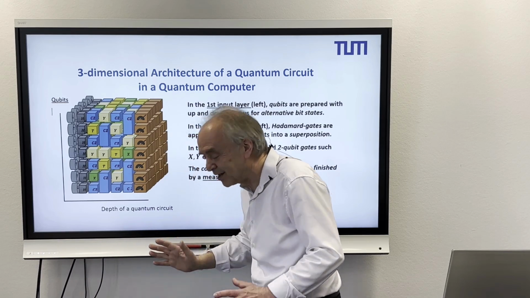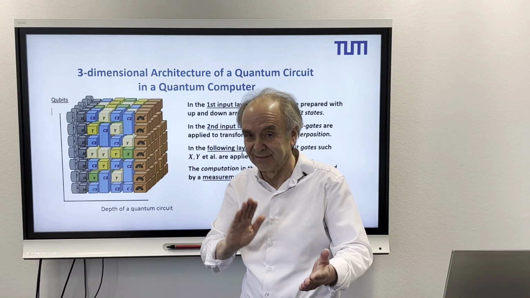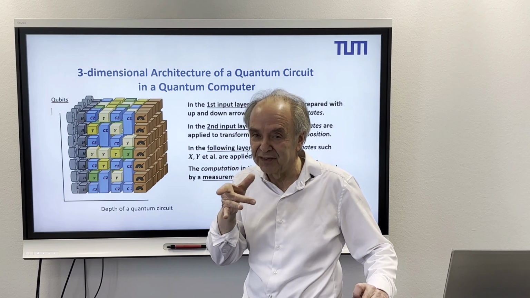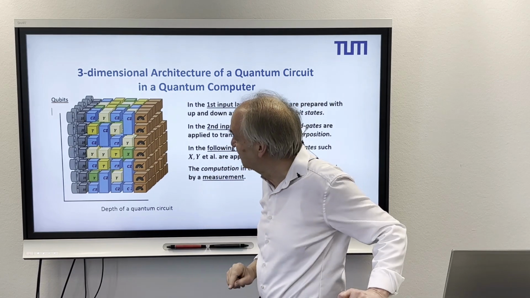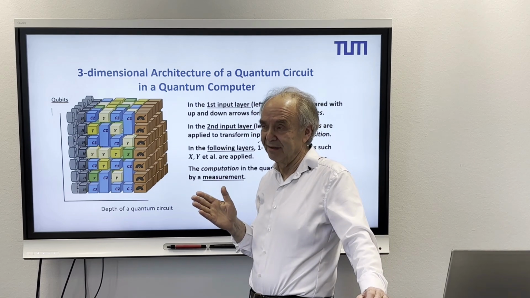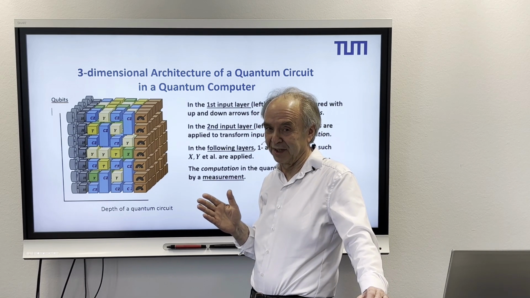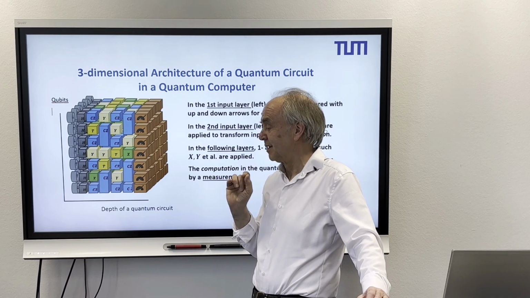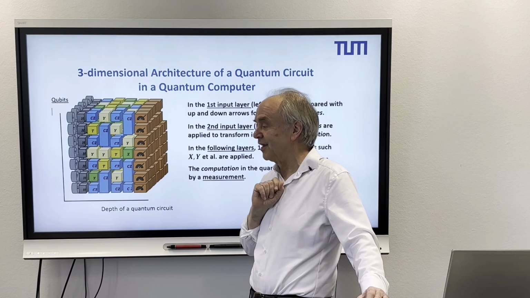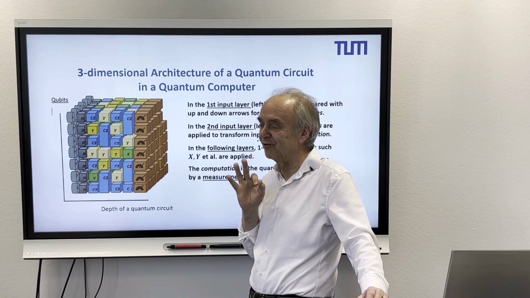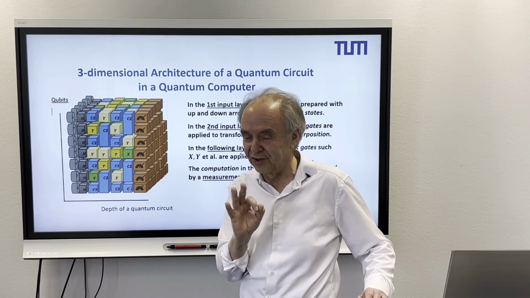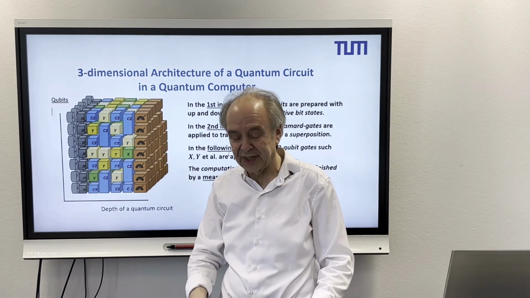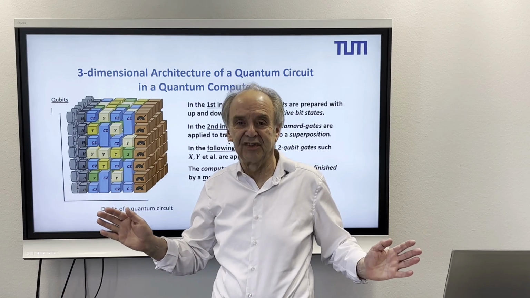And in the end, you get, of course, a superposition with all the possible results. And then remember the Schrödinger situation. Then we have to measure the superposition. And what does the Schrödinger situation tell us? If we measure the superposition, then the superposition collapses spontaneously into one of the possible results.